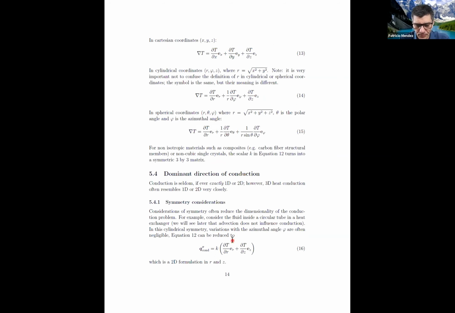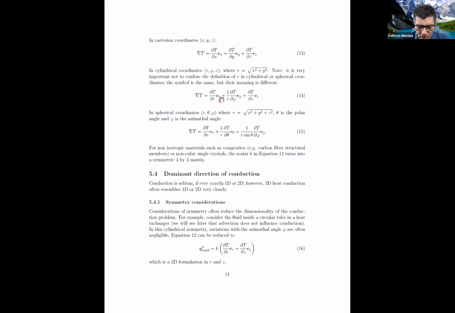In rectangular coordinates it has this expression, and in cylindrical coordinates it has this other expression that comes from doing multivariate calculus. We're not going to worry about how we landed here. We'll just take it for granted, but this can be proven. This is exact. If you see, these two gradients look somewhat similar, but they're not quite.